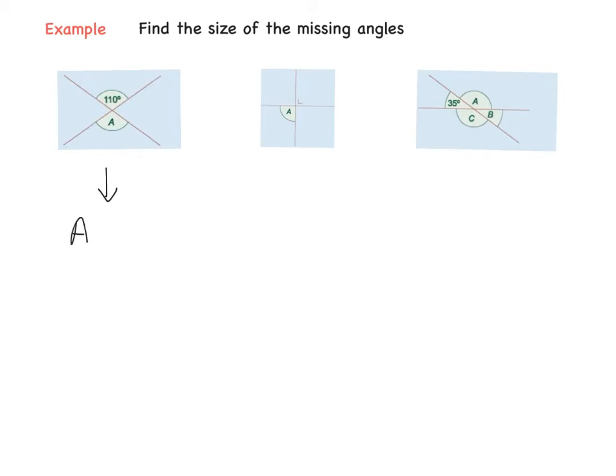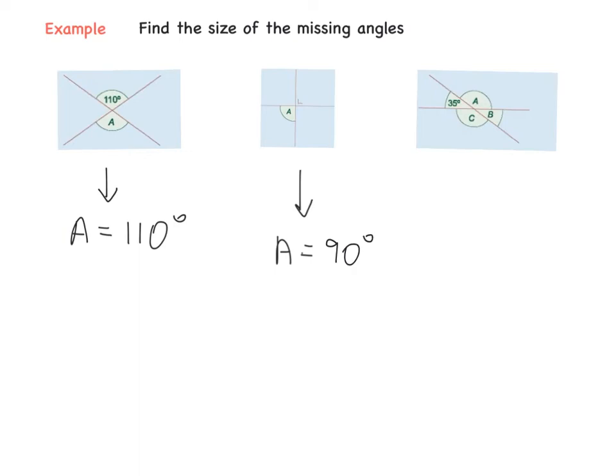Okay, so the first one, we can simply state that angle A is 110 degrees. Here we don't have any measurements, but we have a little symbol, and this little symbol means this angle is a right angle and it has 90 degrees. So we have 90 degrees.